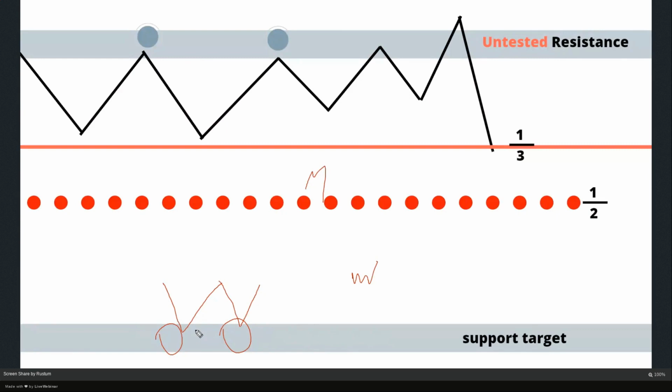Yeah, it needs two. Then to qualify this even further, I'm looking for a W pattern now. But if this had happened already, now I'm getting an entry and it goes all the way to 1/3, sorry, not a half, 1/3. Then the next time this comes down, I'm not really interested.